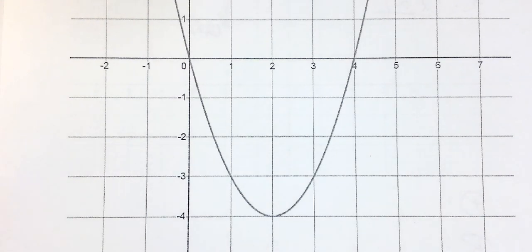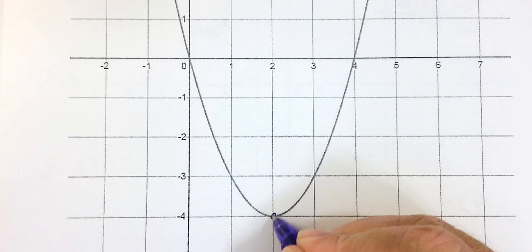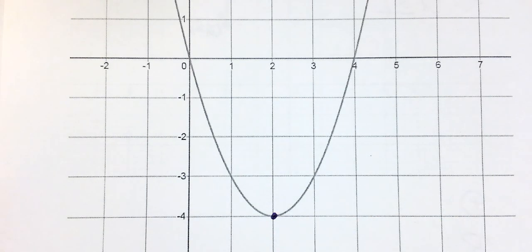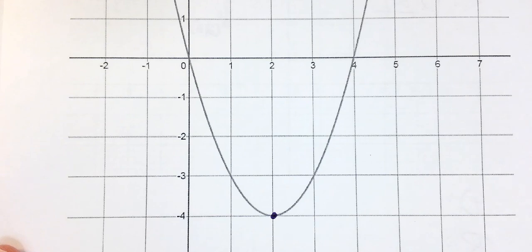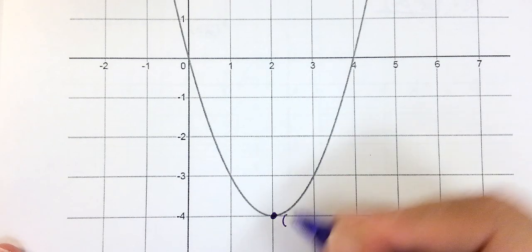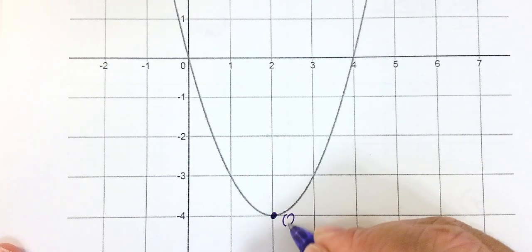And the biggest point that we need to know with parabolas is the vertex. And the vertex is either the lowest point or the highest, depending on the way the parabola is shaped. In this one, we have a parabola that's turning up. So we have a minimum point here. And we need to label this point. So this is going to be 2, -4.